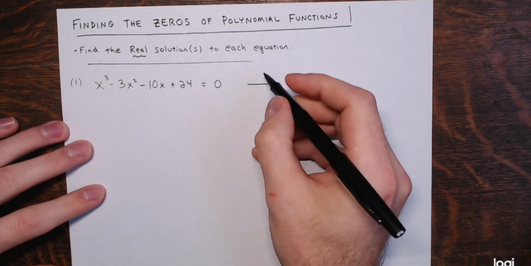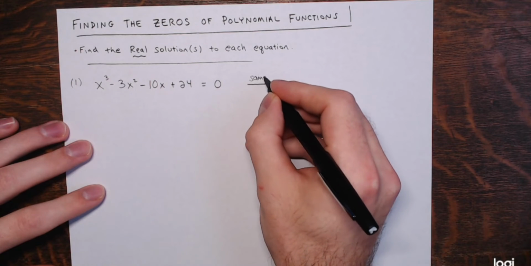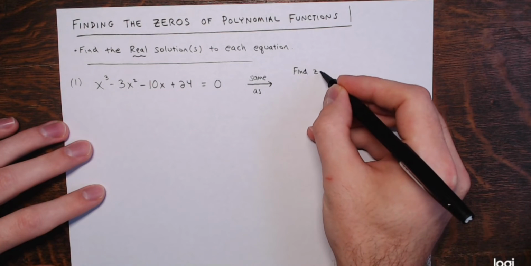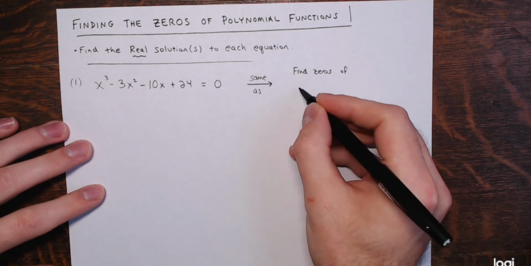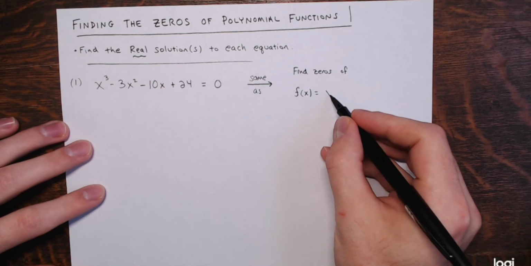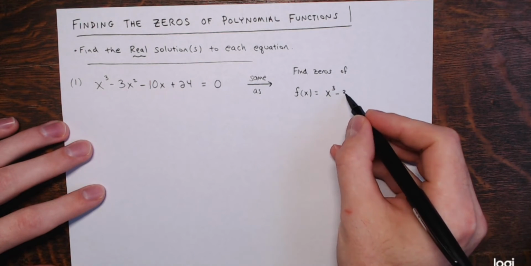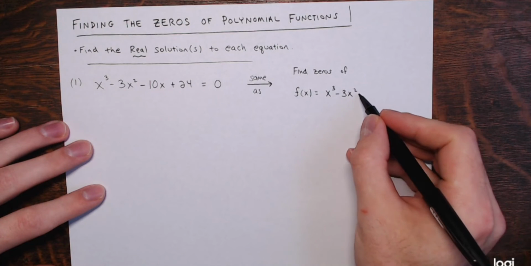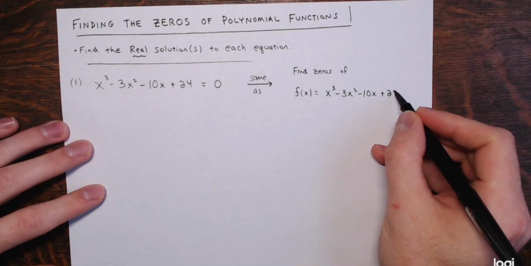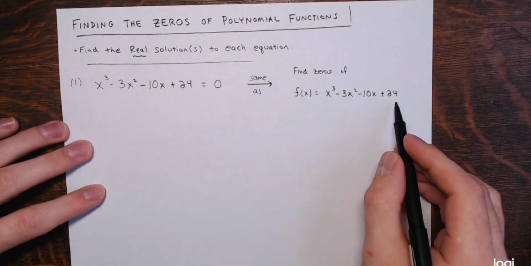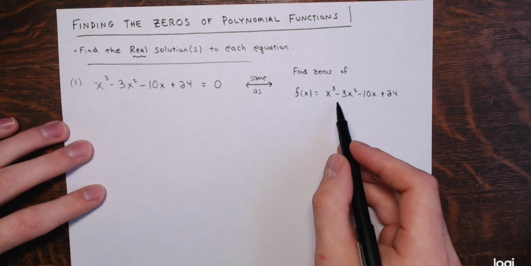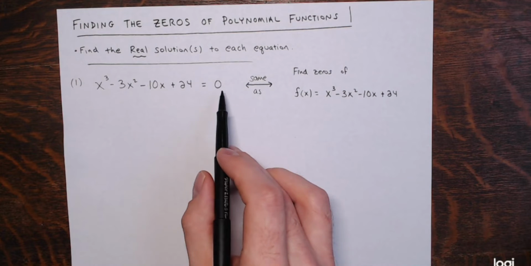This is the same thing as asking you to find the zeros of this polynomial function, say f of x equals x cubed minus 3x squared minus 10x plus 24. If I say here's a polynomial function, find the zeros, that's exactly the same as solving this equation, setting the polynomial equal to 0.